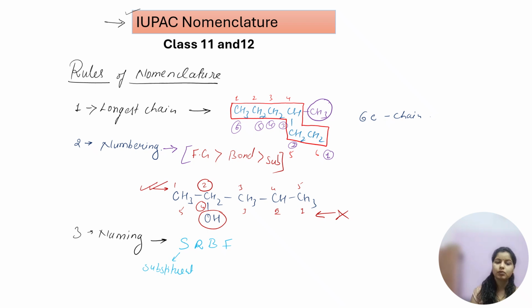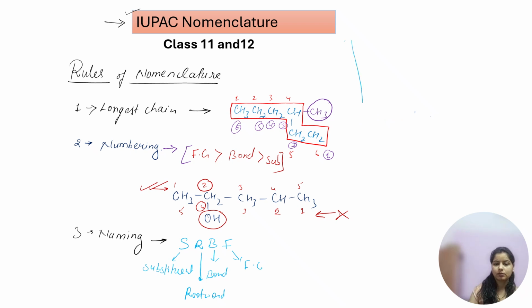So first of all, you need to write whatever substituent you have. Second, R stands for the root word. I will tell you one after the other what all these things are. B is for bonds and F is for functional group. So let's see what they are.